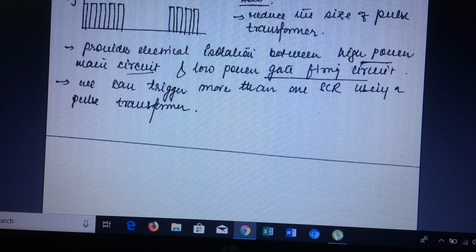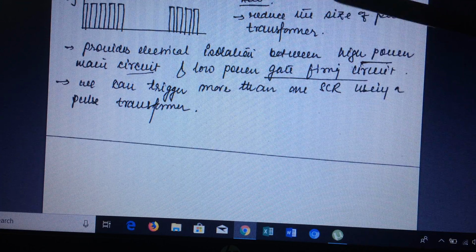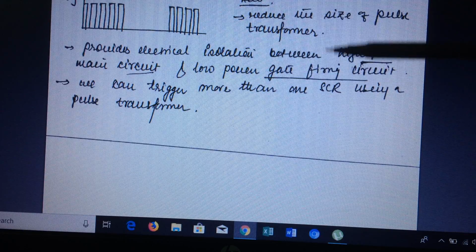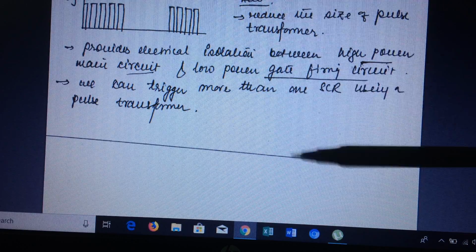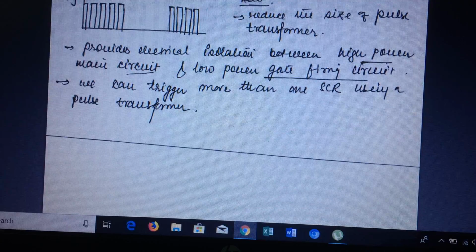It provides electrical isolation between the high power main circuit and the low power gate firing circuit. And this pulse transformer, this instrument, helps in triggering one or more SCRs.